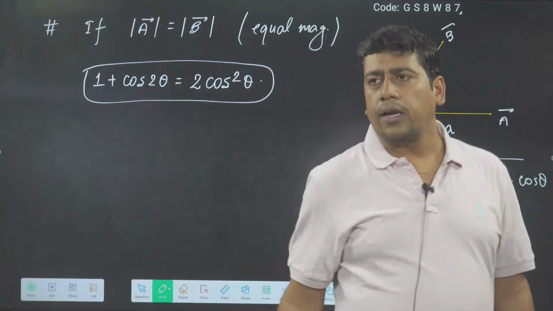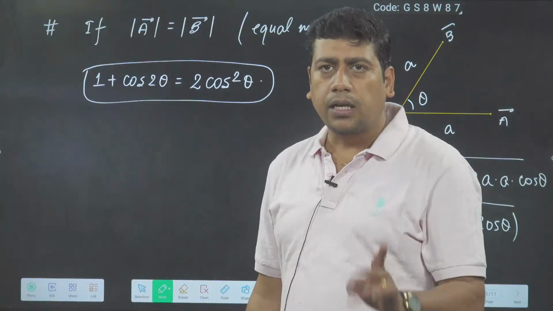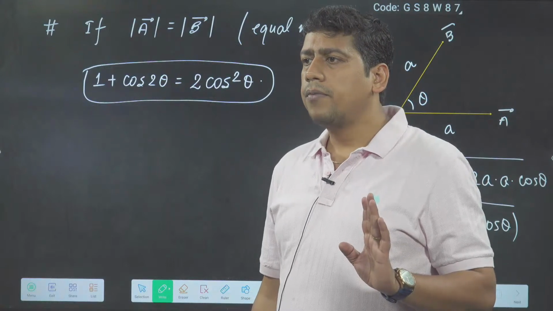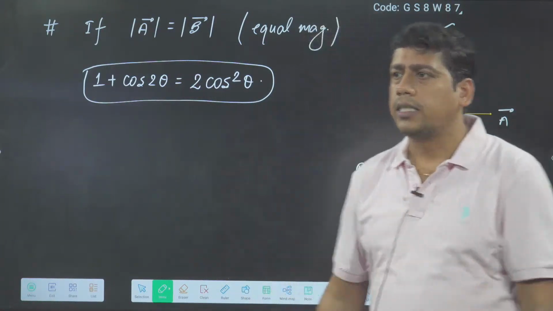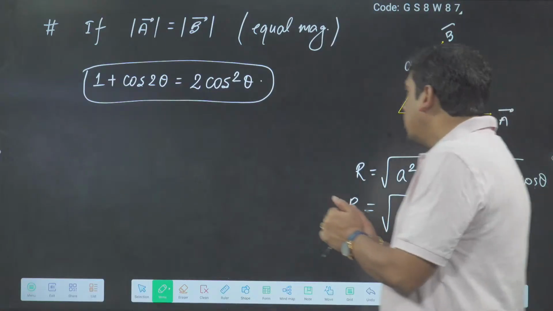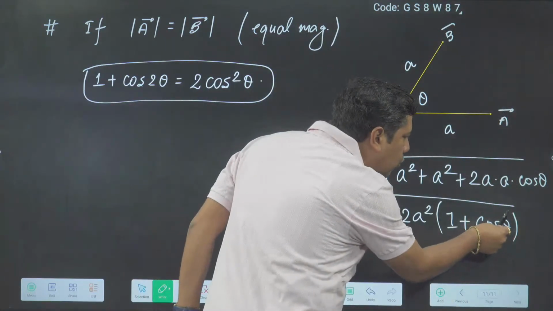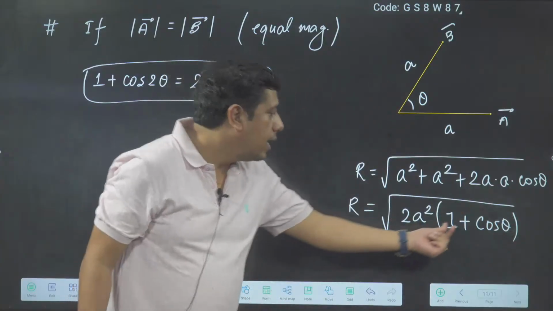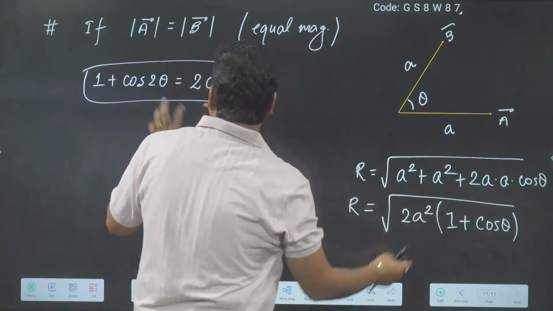Trigonometry. If you remember it, okay, otherwise at last we will remember the result. But if you remember this result, then you will understand the process. Here it is 2 theta, then here will be theta. But here it is not 2 theta, it is theta only. The format is the same, 1 plus cos.